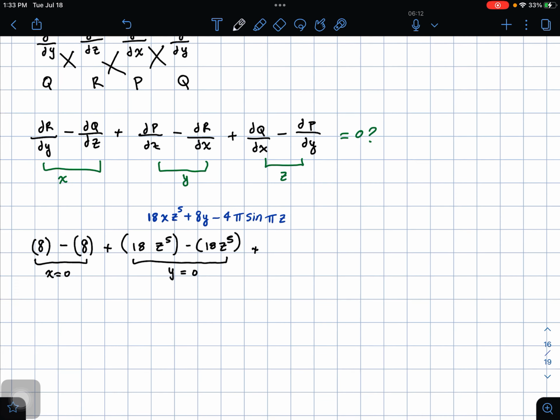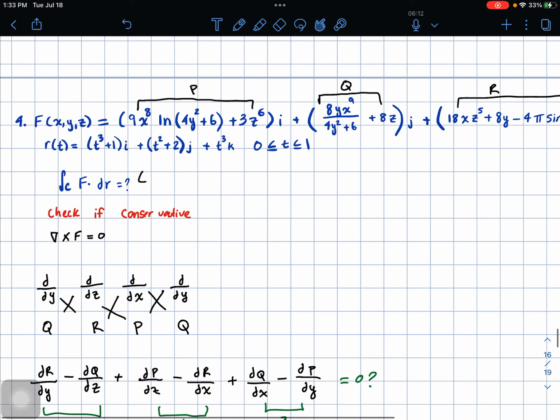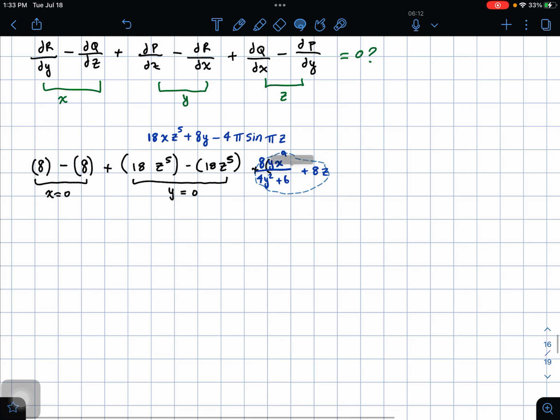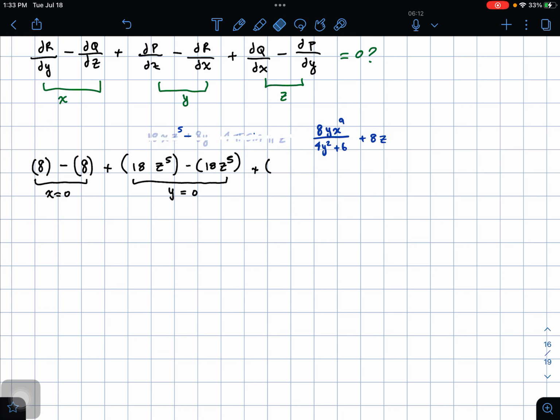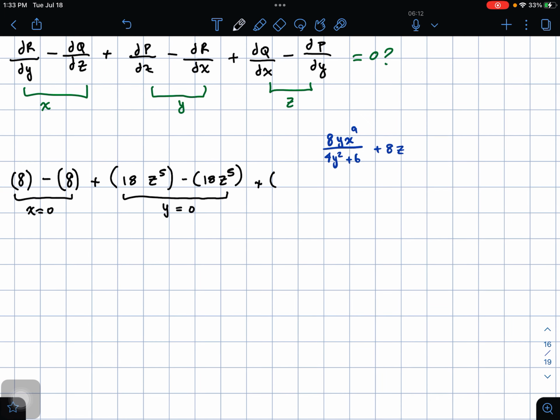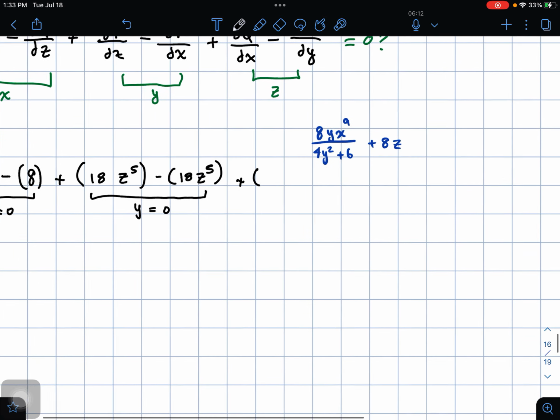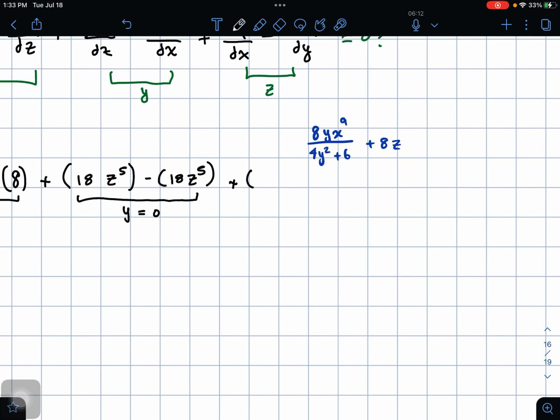Okay, and then we have dq dx. So that's this. Okay, so we want to differentiate that with respect to x. First thing, you can say that this goes to 0.